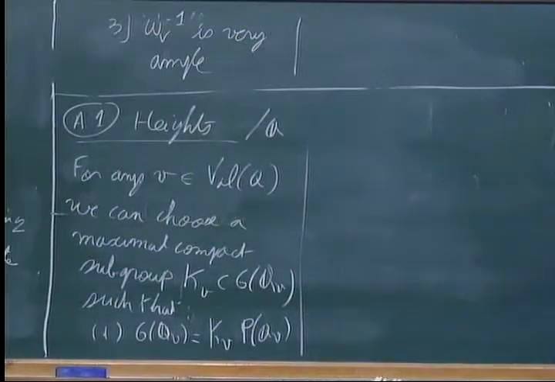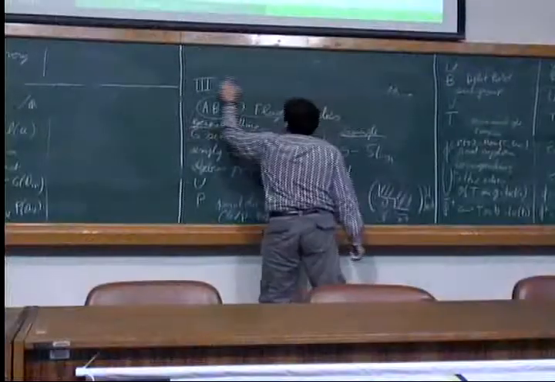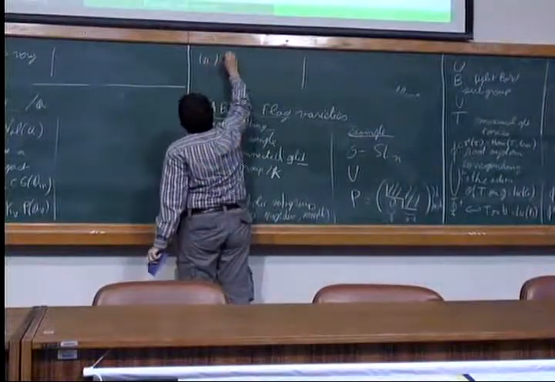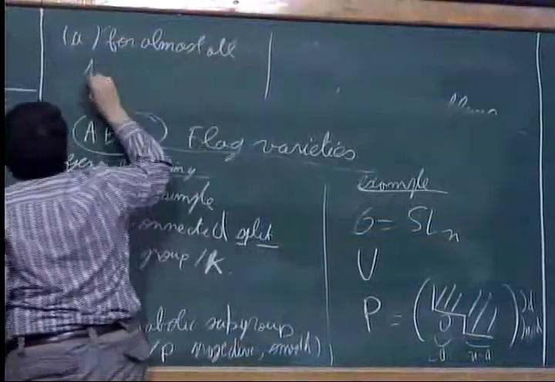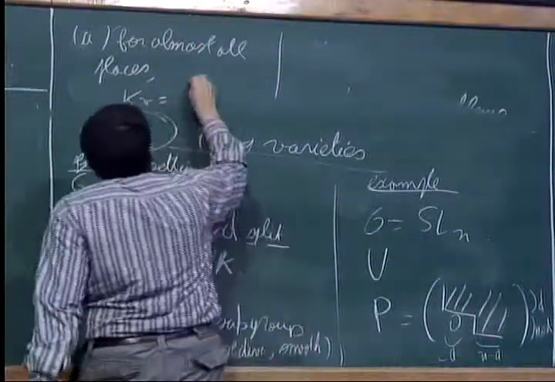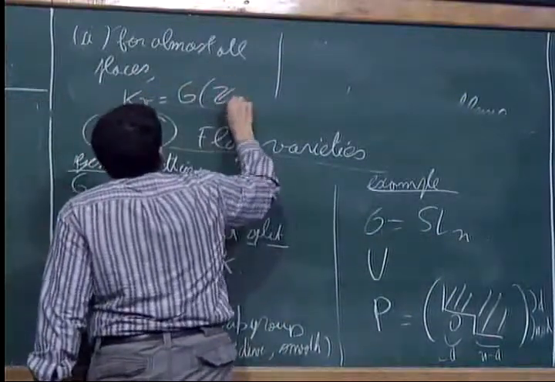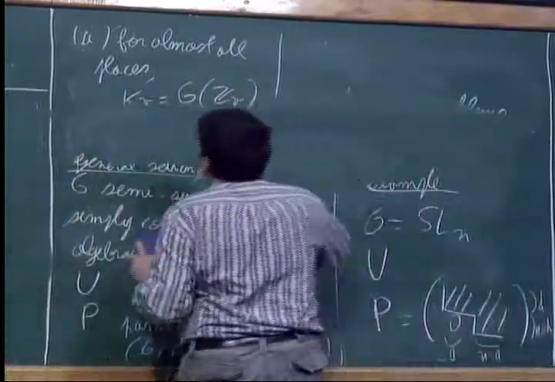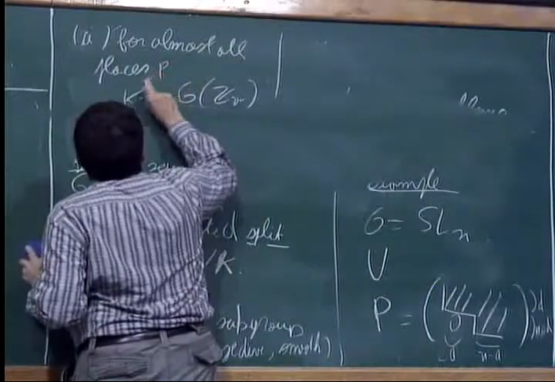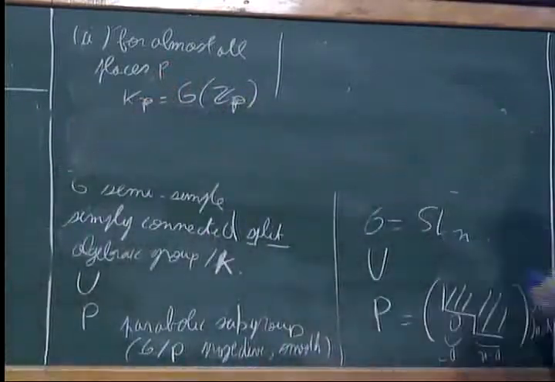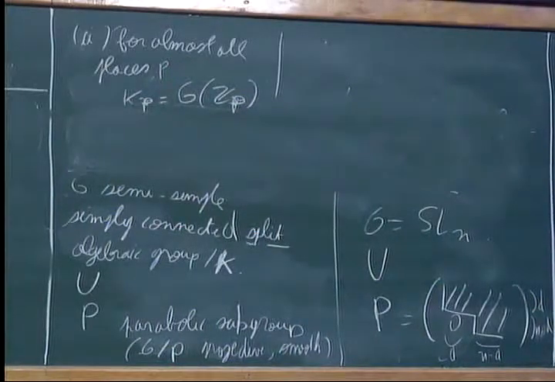And the second condition is that I want that for almost all places, well, almost all places p, let's say, I want the maximal subgroup to be simply the group of Z_p points, the group of integral points.